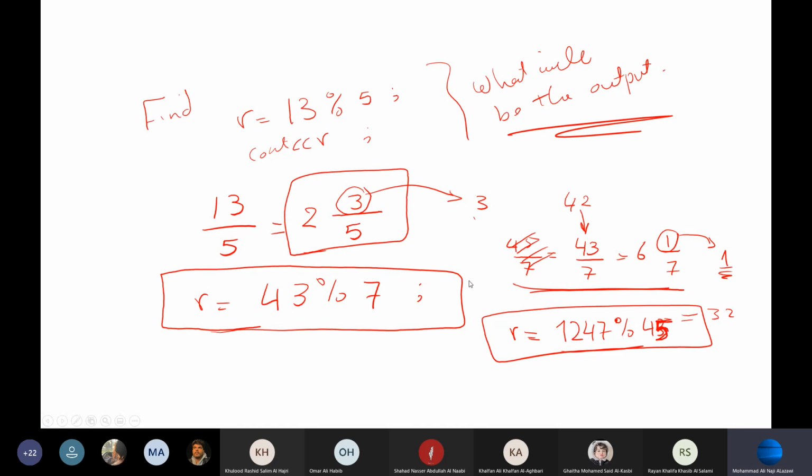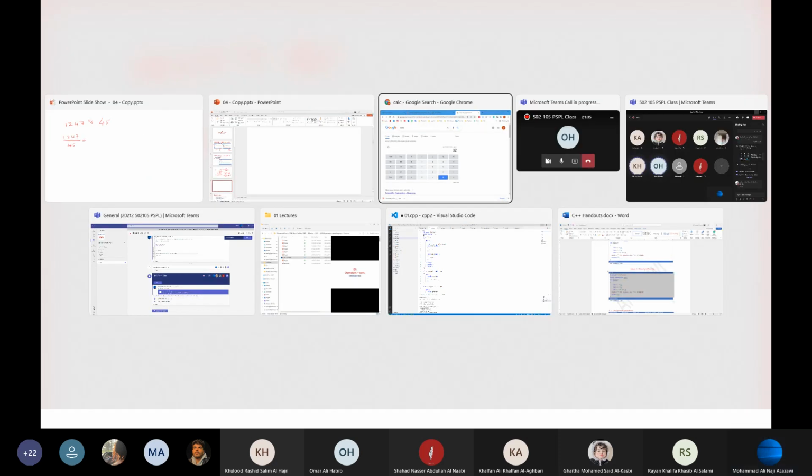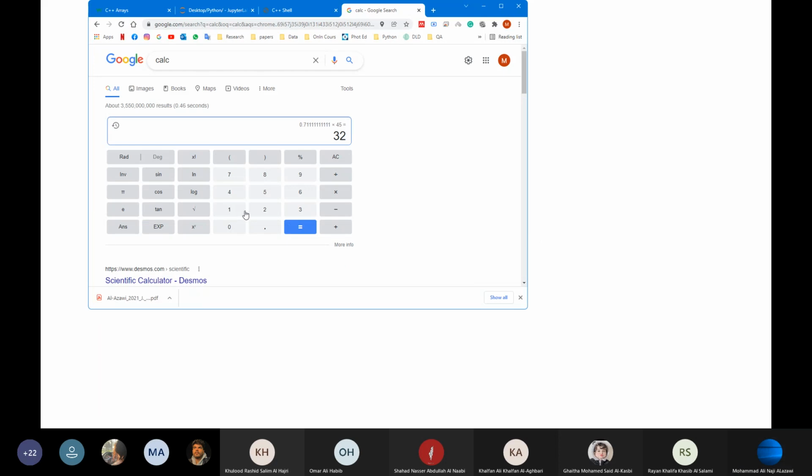All right. So let's take the same example. 1247 mod 45. First of all, divide 1247 over 45, not integer, I mean as real numbers. So the result will be... I'll go back to the numbers.